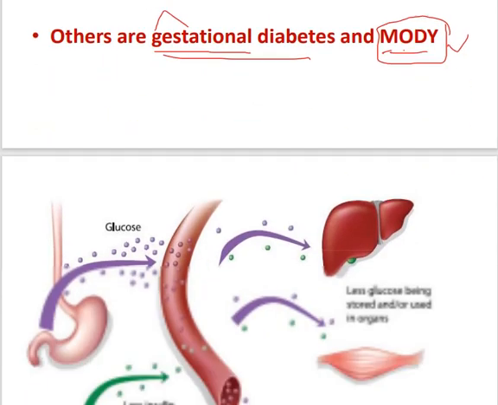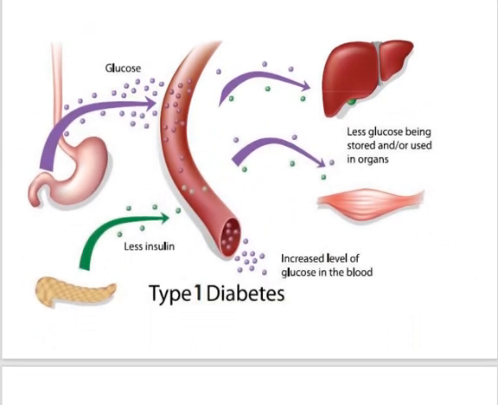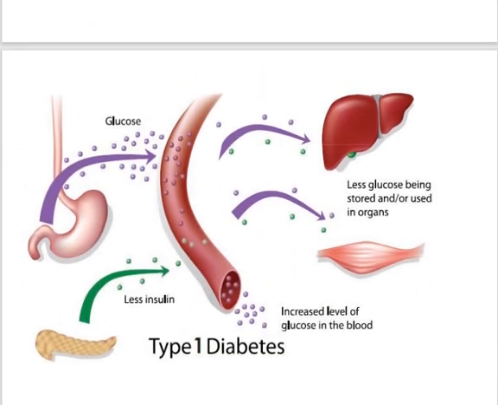So let's look at type 1 and type 2 diabetes. As we said earlier, for type 1 diabetes, when there is damage to the pancreatic cells, there is less insulin produced, or even no insulin produced at all.